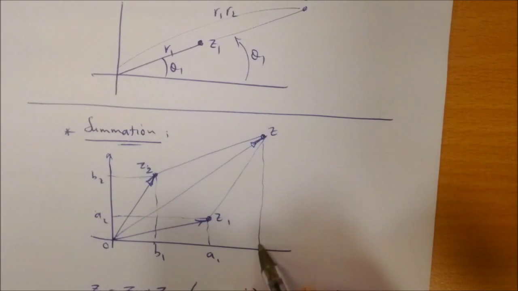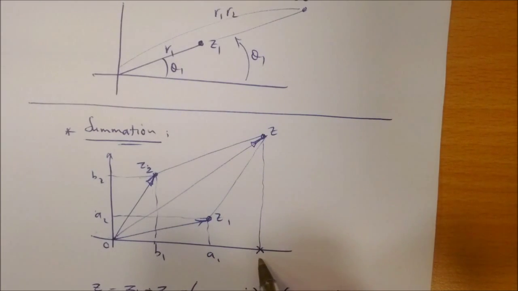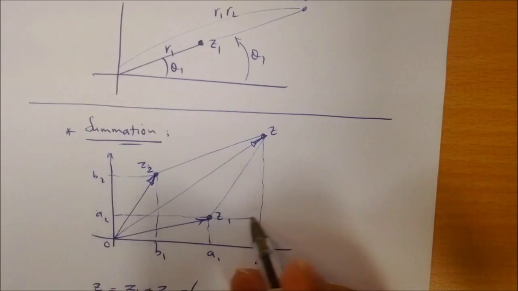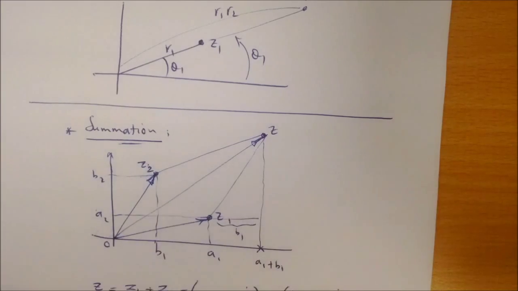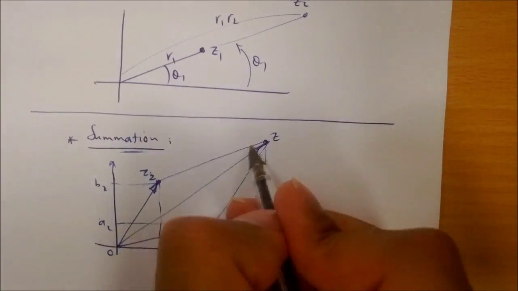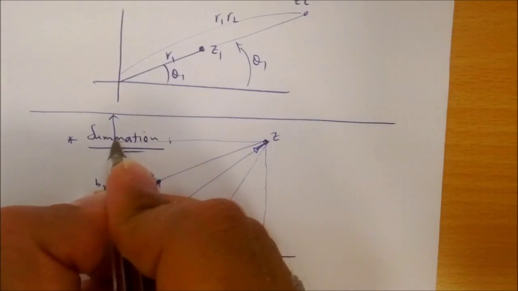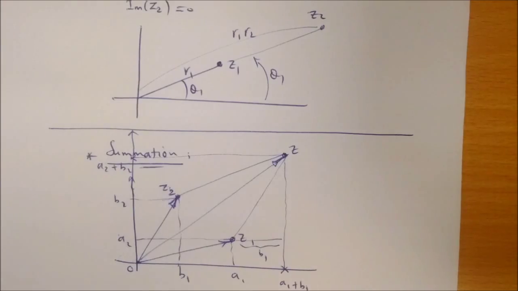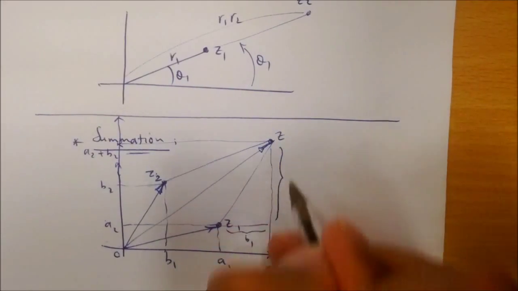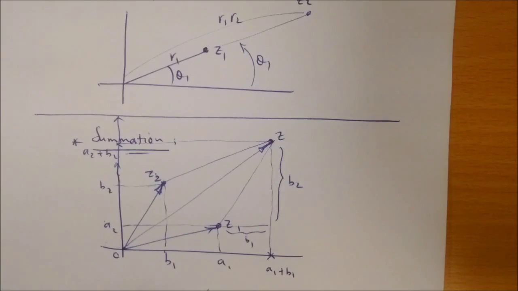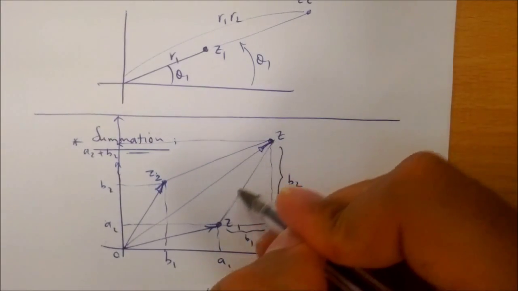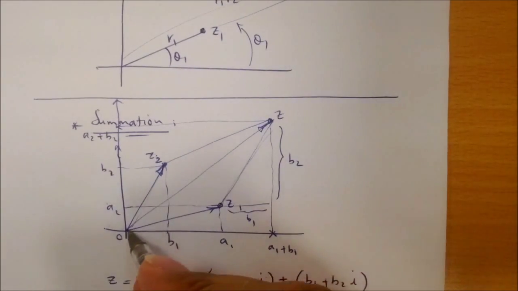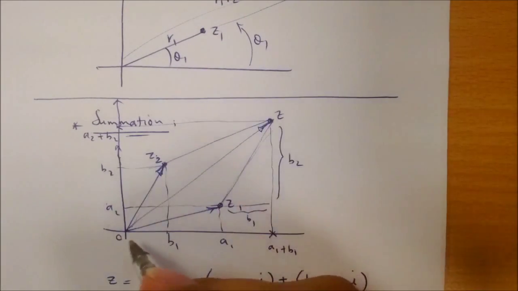We can simply show this because this component is simply a1 plus a2, so this will be a1, and this component is equal to b1 plus b2, so this will be b1, and we can show that this line is parallel to this one and with the same length, and the same thing for these two lines.